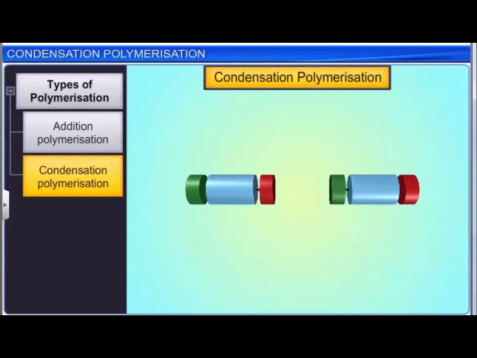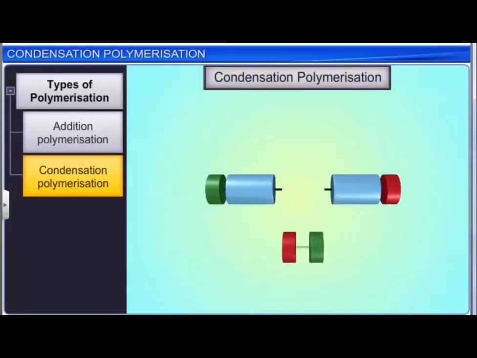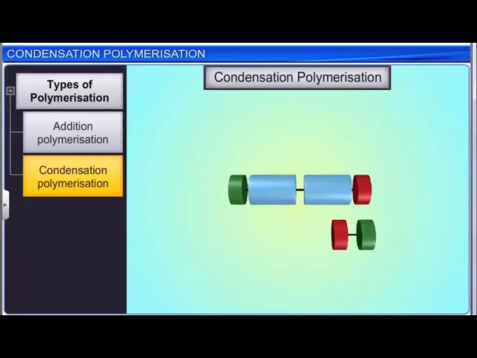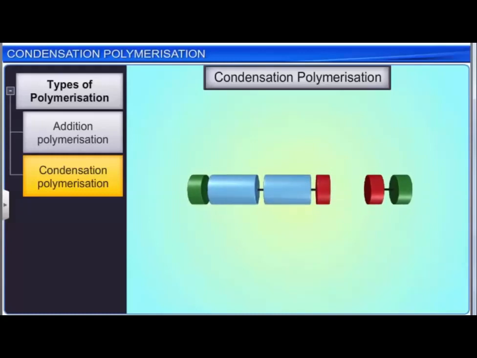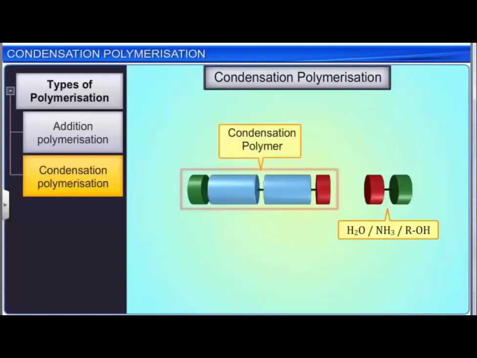In condensation polymerization, the molecules of a monomer combine with the elimination of simple molecules such as water, alcohol, and ammonia to form a polymer. The polymer so formed is called a condensation polymer.